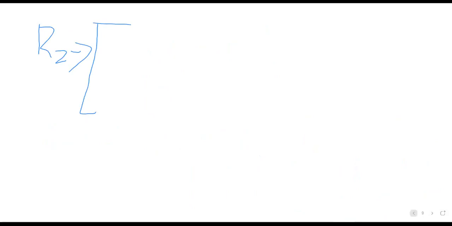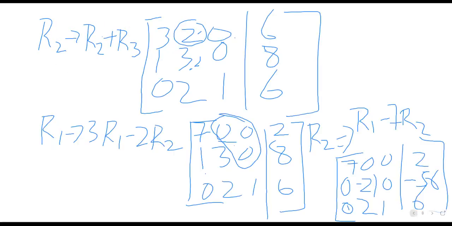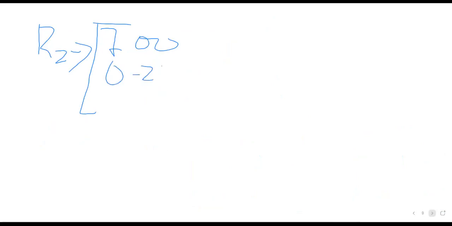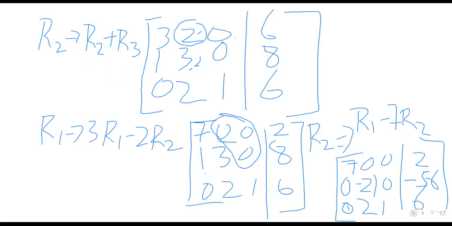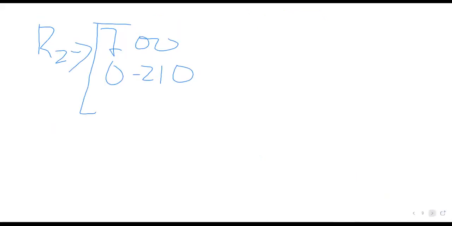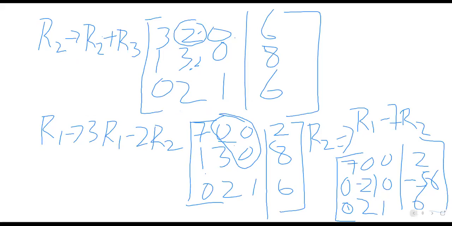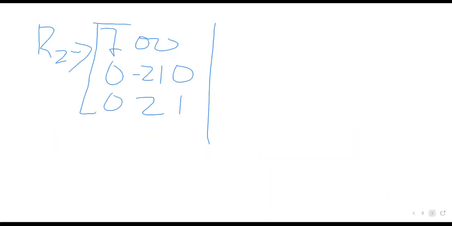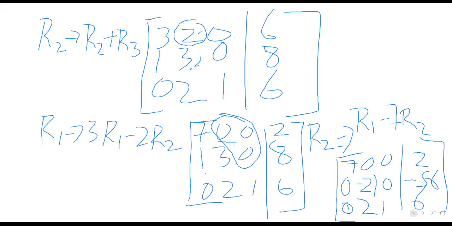So let me write row 1 down. 7 0 0, and then 0 21 0, and then 0 2 1, and then 2, -56, and then 6.